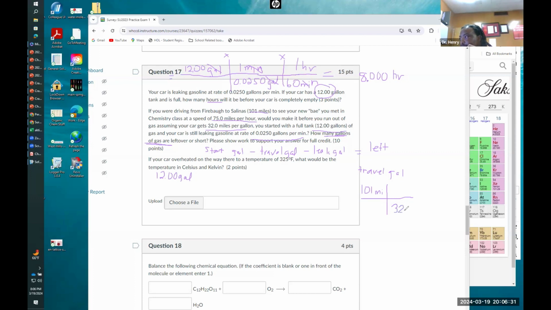That's to get rid of miles, right? So we're going to get those units, and then we want gallons. So then that's going to cancel that out, and that's going to give me my gallons traveled. So I'm going to subtract that. So what is that? Guesstimating, approximately 3, a little more than 3. 3.15 or 3.16?